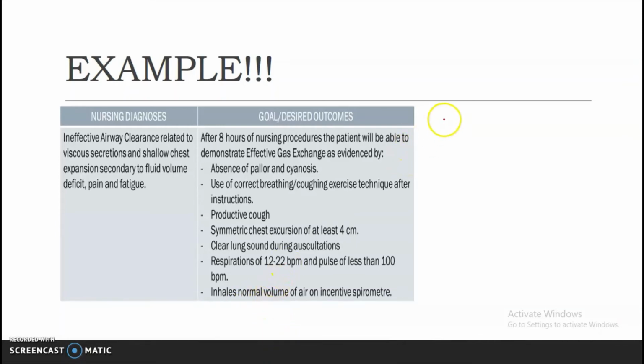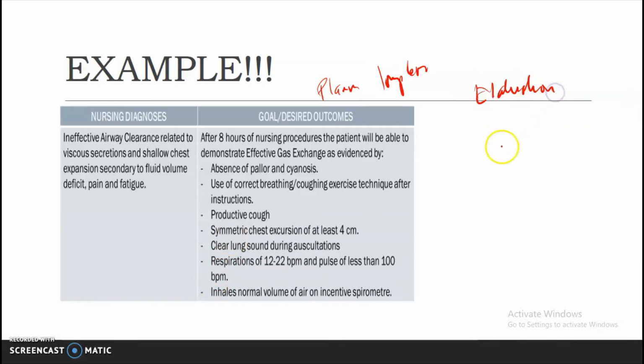Now, during the evaluation phase, i-implement po natin yan. After ng planning, we are going to implement all the nursing interventions that you have selected for you to achieve the following. Then after that, you will go to your evaluation.